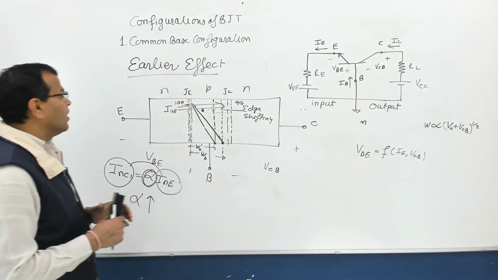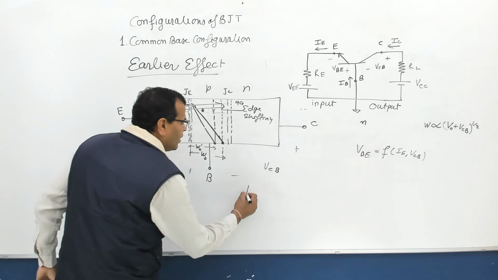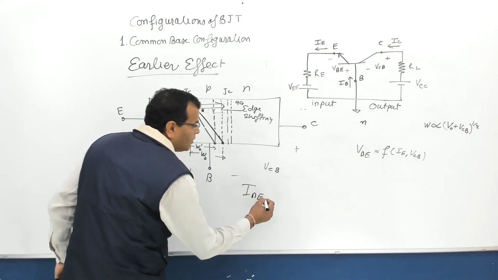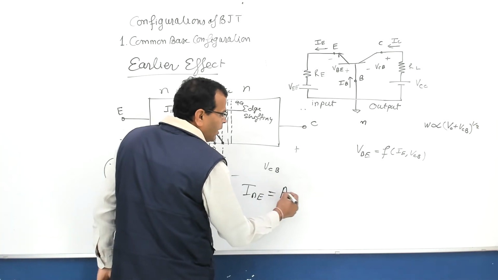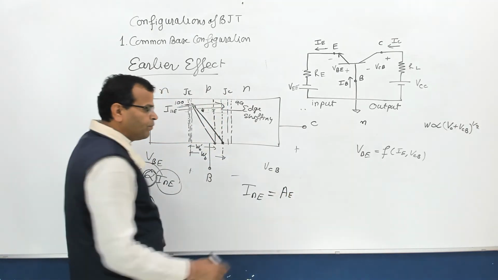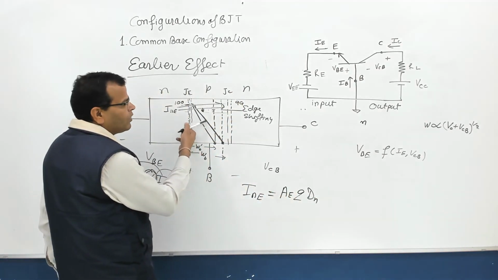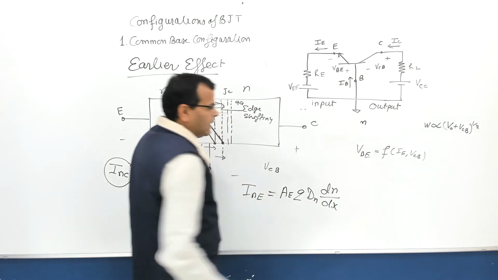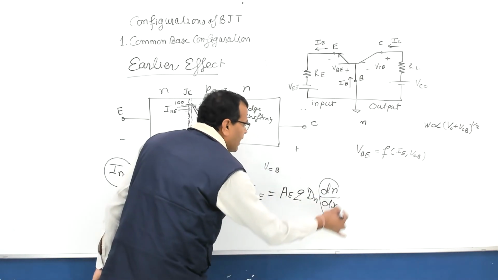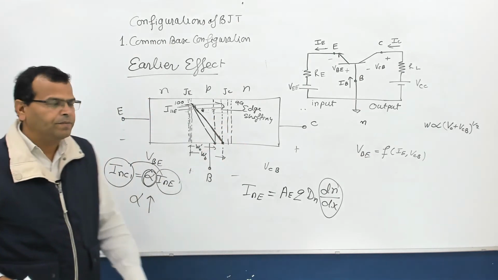Here I_NE is also increasing. Why? Because I told earlier I_NE is approximately equal to the emitter current, which is the area of emitter junction, q, D_n, that is the diffusion constant of electrons in the base region, into dn by dx. This dn by dx is the gradient of minority carriers in the base region.